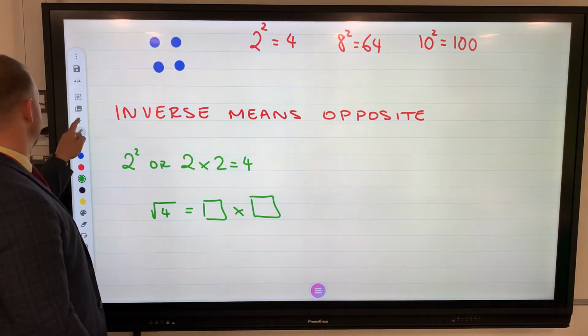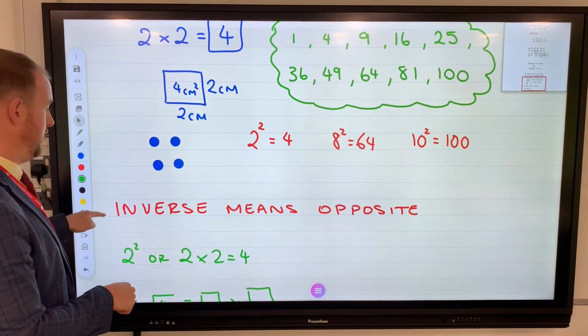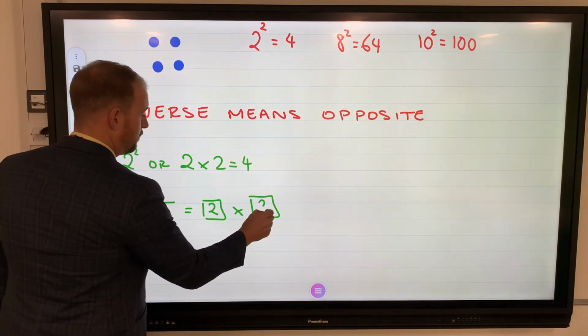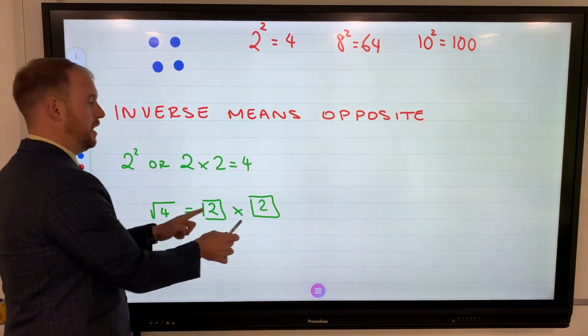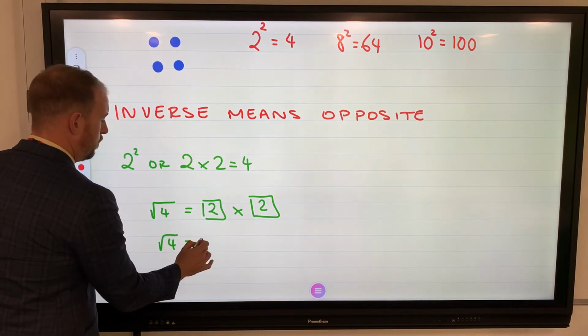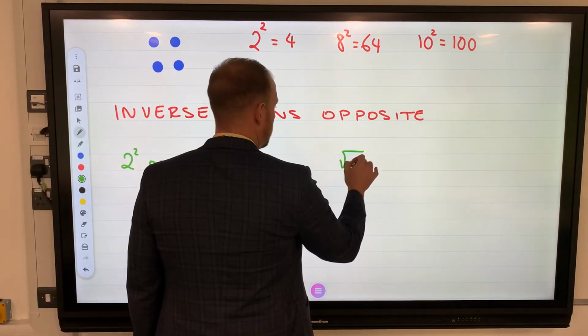Well, once we get familiar with our square numbers, this part becomes really easy. Now we know that 2 times 2 is 4. Remember, these have to be the same. So the square root of 4 would be 2. How about if I said the square root of 49?